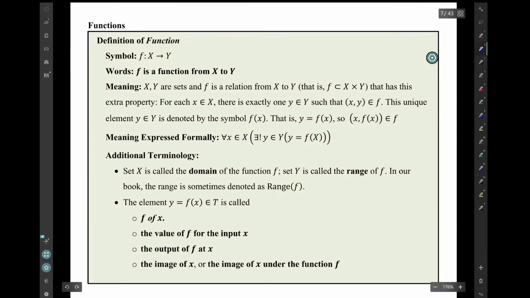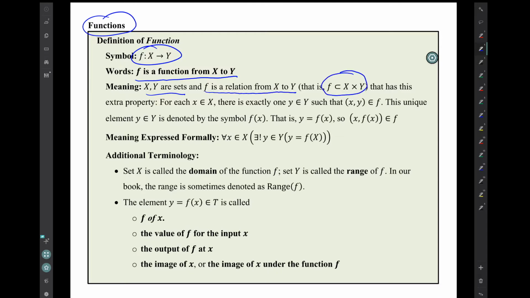Now finally, I want to talk about functions. This symbol, little f colon capital X arrow capital Y, is spoken "little f is a function from capital X to capital Y." What that symbol means is the following. Capital X and capital Y are sets, and little f is a relation from capital X to capital Y. So in other words, little f is a subset of that Cartesian product. And furthermore, it also means that little f has this extra property.